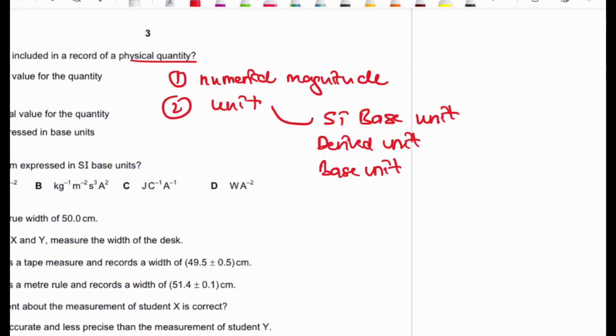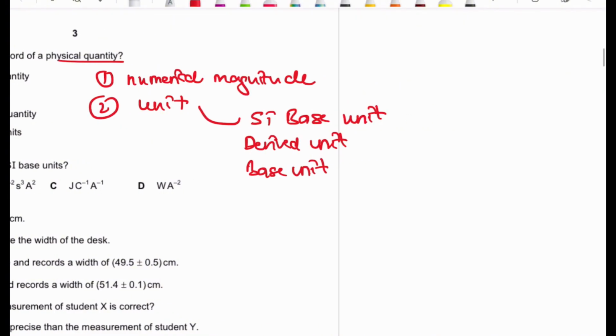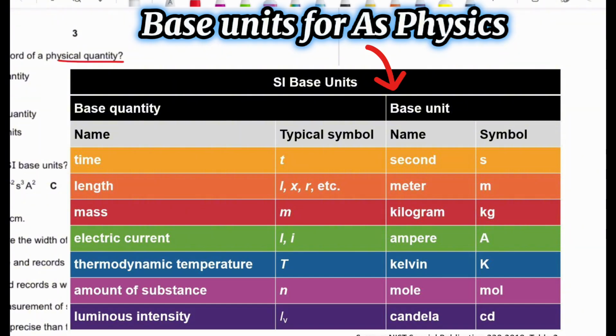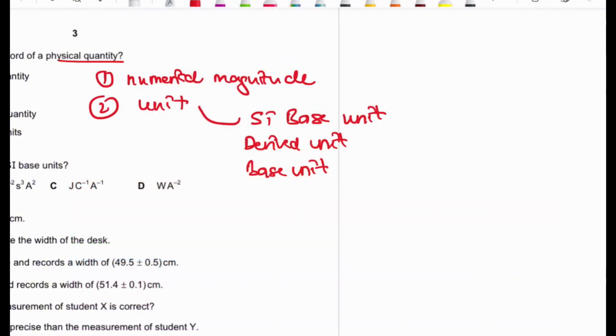The SI base units refer to the international system of units, the Le Système International d'Unités, which are the base quantities that we know, which are 7, as you can see on your screen. The derived units are units of derived quantities, like power. There are a lot of quantities that are derived. And the base units are the units of those base quantities.